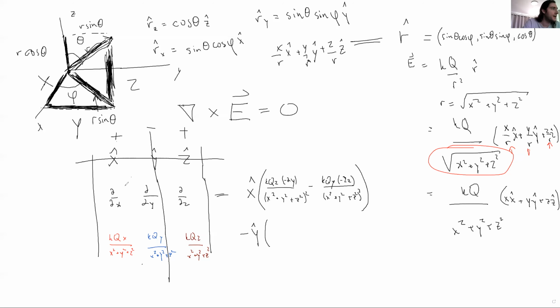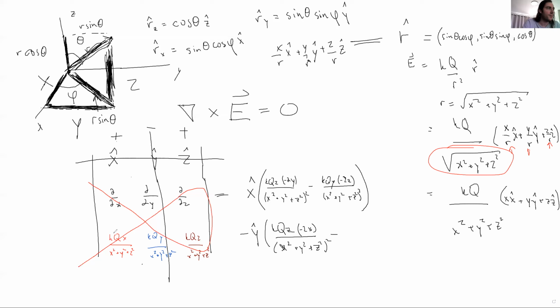Let me use red here. We go along this side now. So it's the x derivative of kqz over x squared plus y squared plus z squared. The x derivative is kqz times negative 2x over x squared plus y squared plus z squared, quantity squared. And then it's going to be minus the z derivative of the term in the bottom left.